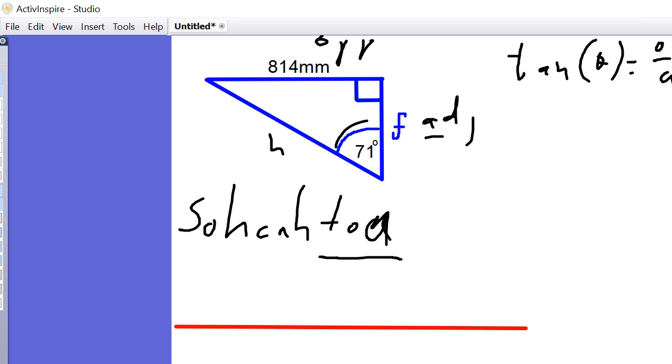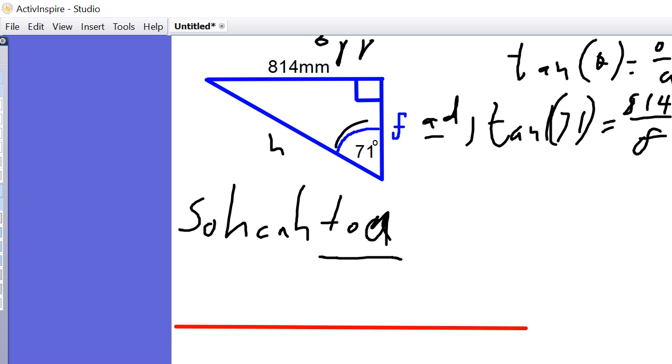So what do I have here? Tan 71 equals, opposite is 814, and the adjacent is the unknown. And now we can see this time the unknown, the pronumeral, is underneath. So I need to swap the position of the tan and the pronumeral. So F equals 814 on tan 71.